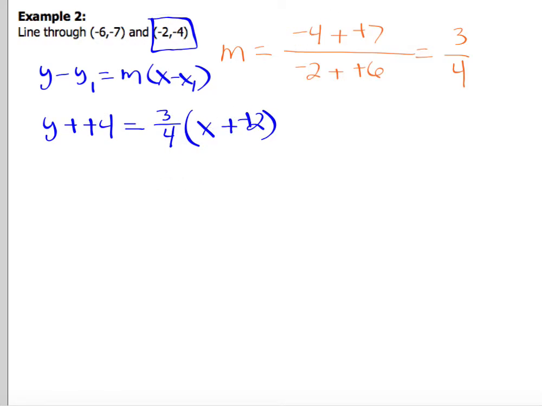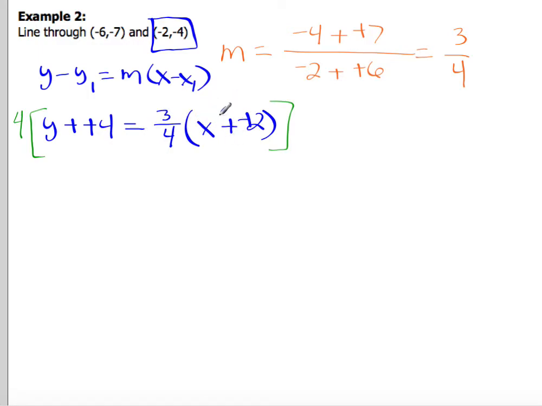And then I'm going to do something here, and you could distribute this 3/4. That would be the next step if I didn't do what I was going to do. But what I'm going to do is multiply everything in this equation by 4. What that will do is get rid of this denominator. I'm using 4 because the fraction in my equation has a denominator of 4. Know that on this side, this 3/4 is multiplying by this whole parentheses set here.